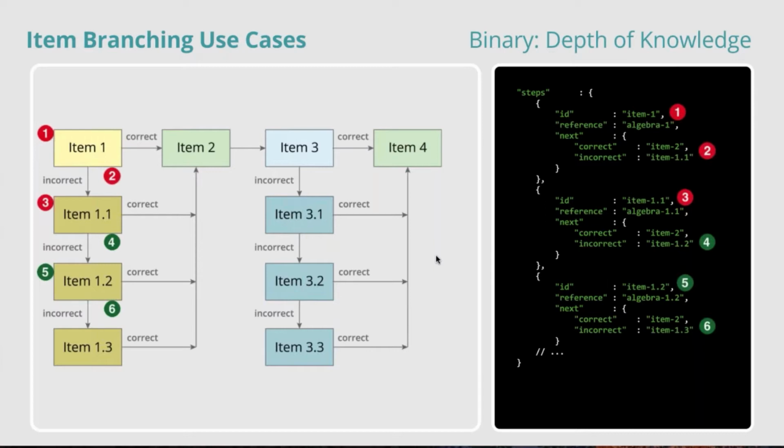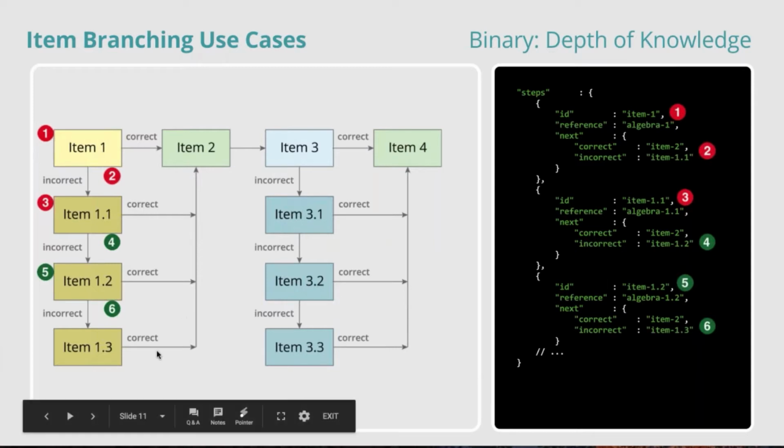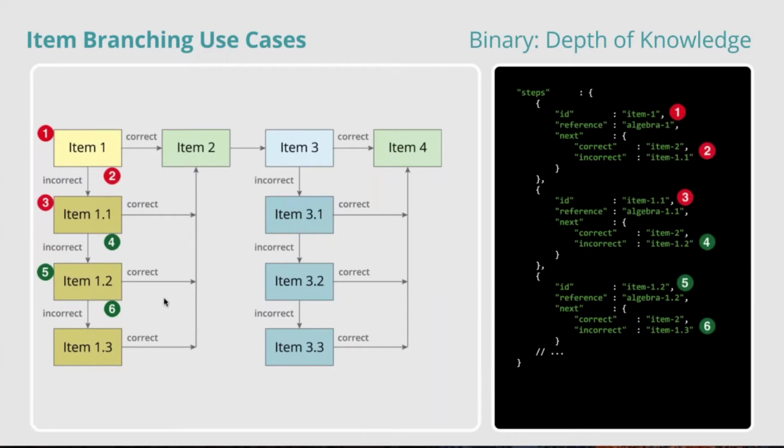So this is a little bit different. Instead of branching correct, incorrect all the way down the line, we're going to go deeper and deeper into either more difficult or easier or more depth of knowledge, in this case, examples. So in item 1.1, if the answer is incorrect, it shows something that explains the topic a little more deeply or a little better. If that's further incorrect, go on to an additional item all the way down the line.